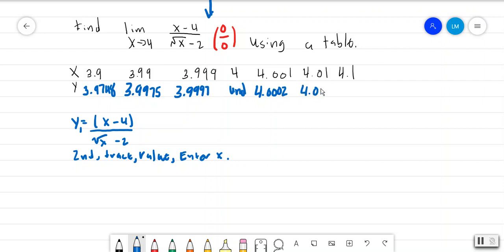So we have 4.002, and then if we plug in 4.1, we get 4.02.